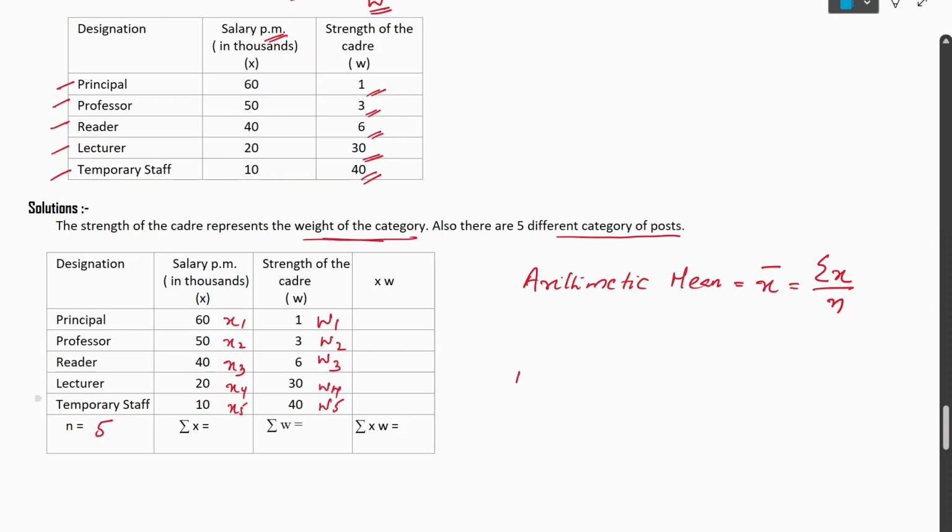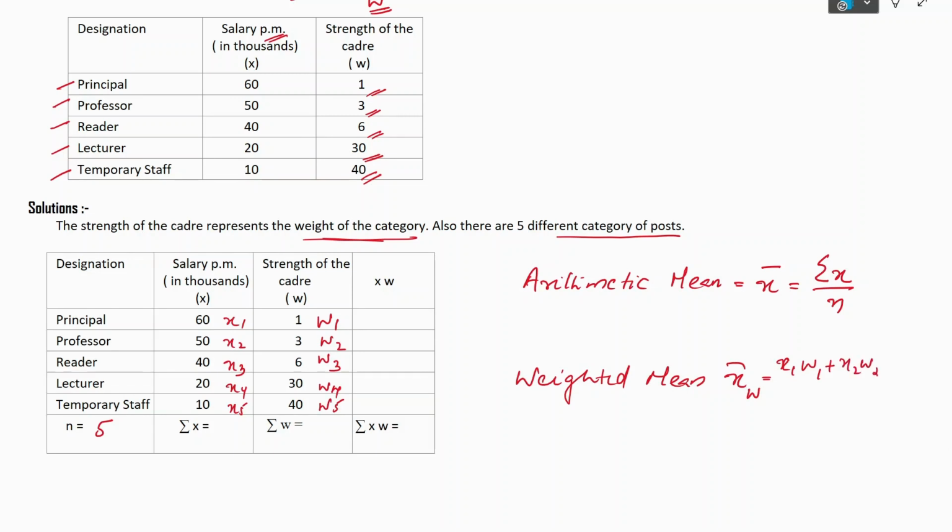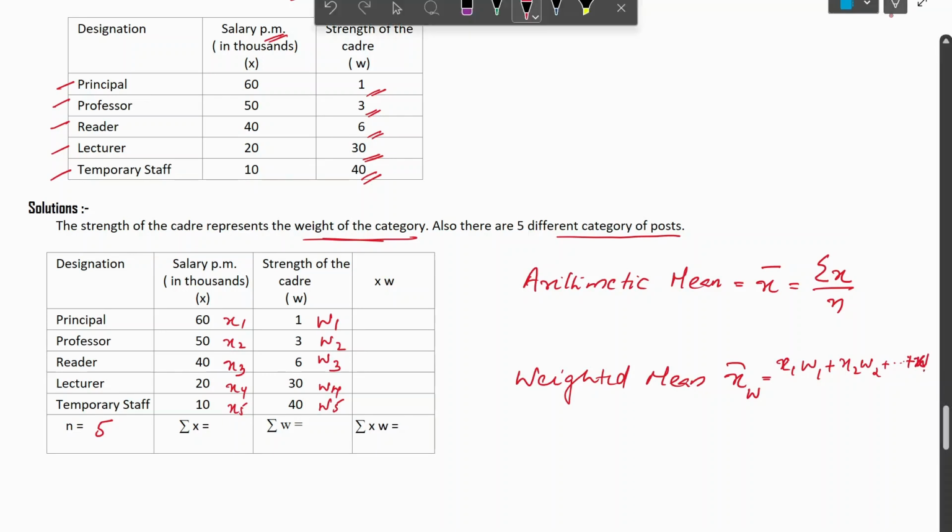Now, what is weighted mean? Weighted mean X bar W equal to X1 W1 plus X2 W2 plus etc. Last will come X5 W5. There is no space here to write, so I'll write it in the next line.